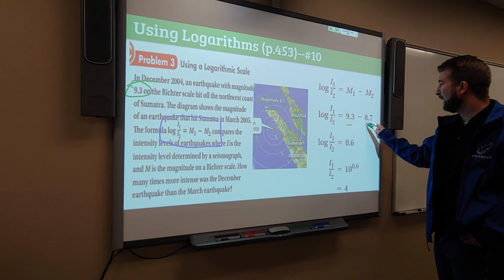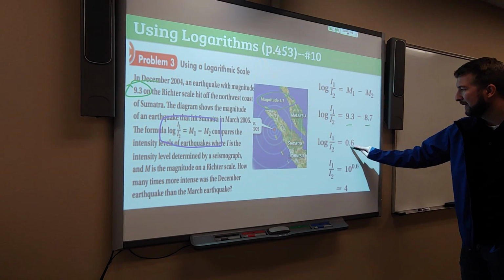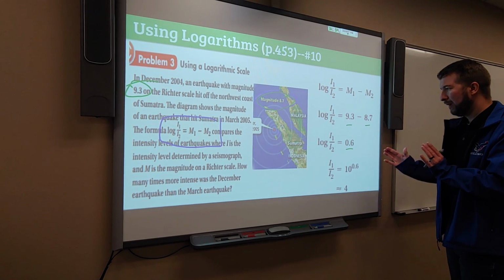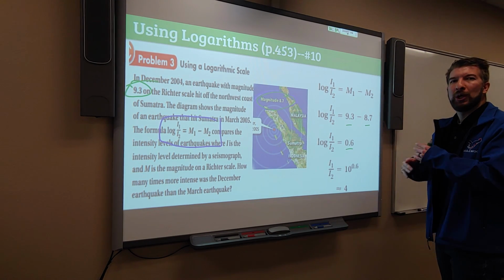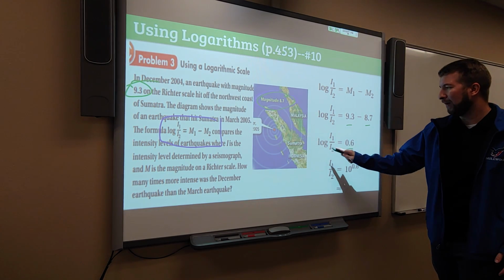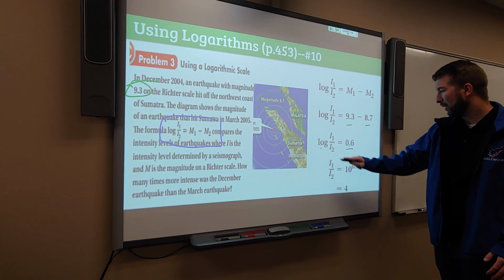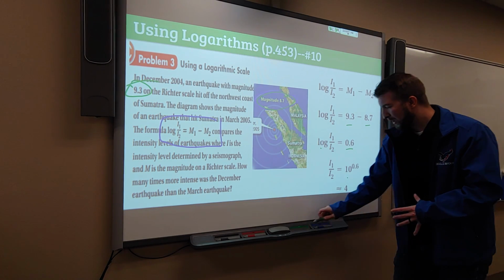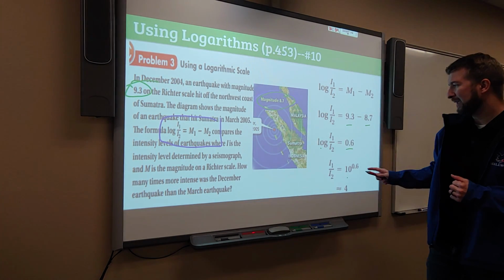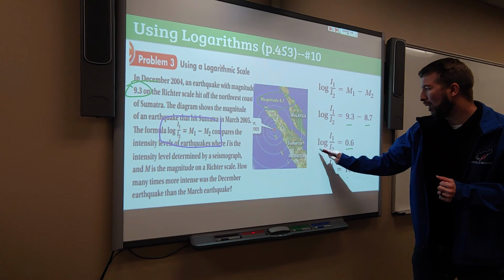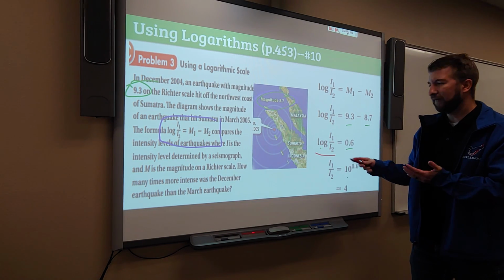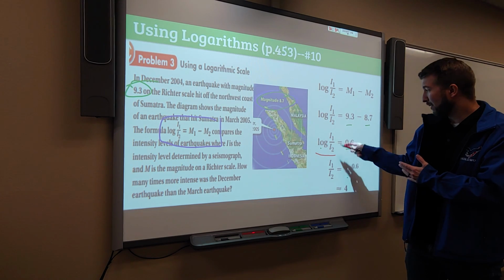The 9.3 minus 8.7 becomes 0.6. And then from there, they're just moving it into exponential form. Now you may be wondering, how did they go from a log to a 10? Well, I think there's 1 or 2 questions on the homework about this.